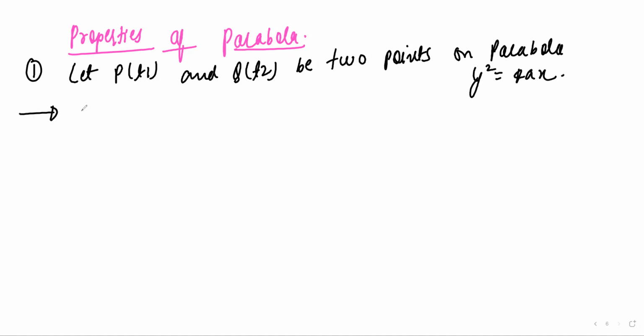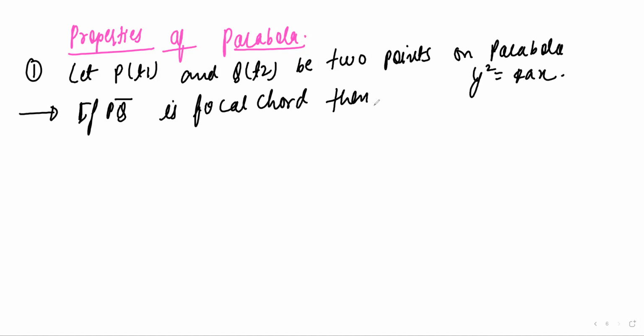Right. If PQ bar is a focal chord, then T1 into T2 is equal to -1. So let's prove it.